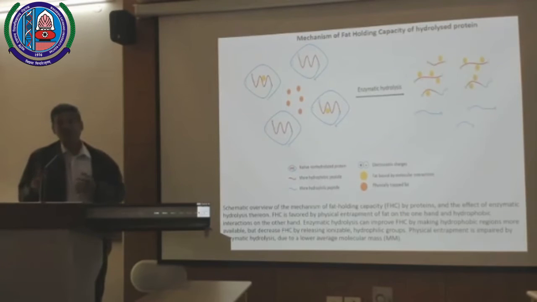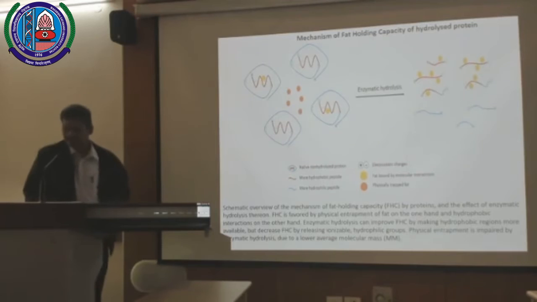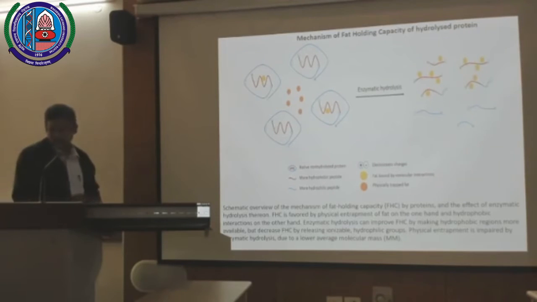So when it is a functionality, these are the main functions. Then, how to characterize those things? What is the principle happening? You can see the fat and molecule interaction taking place.